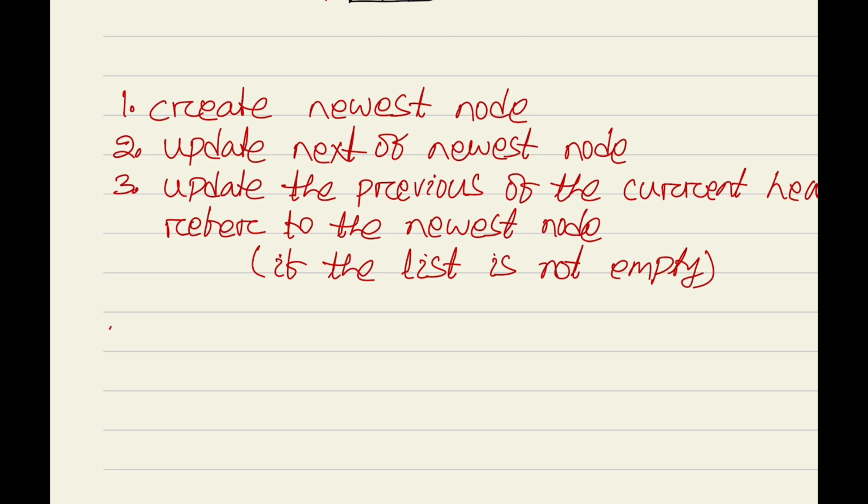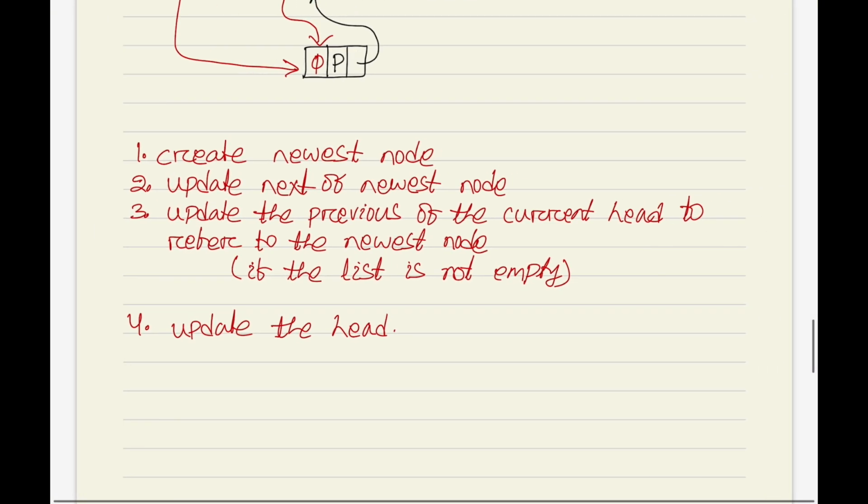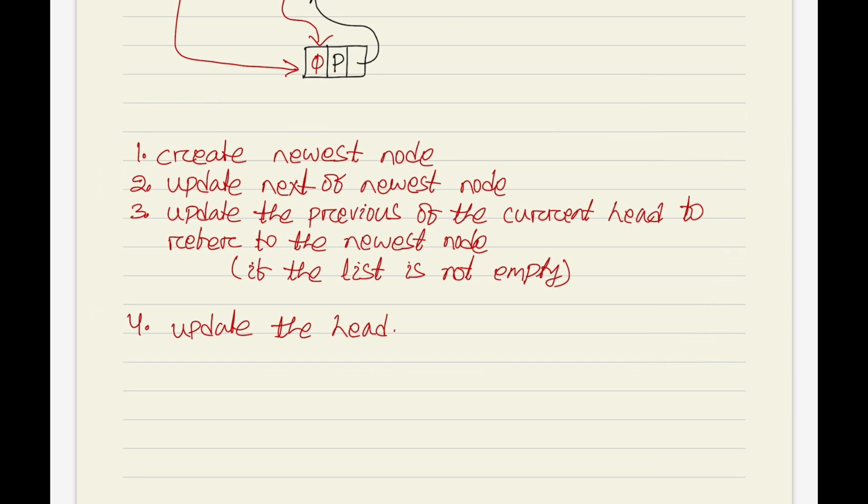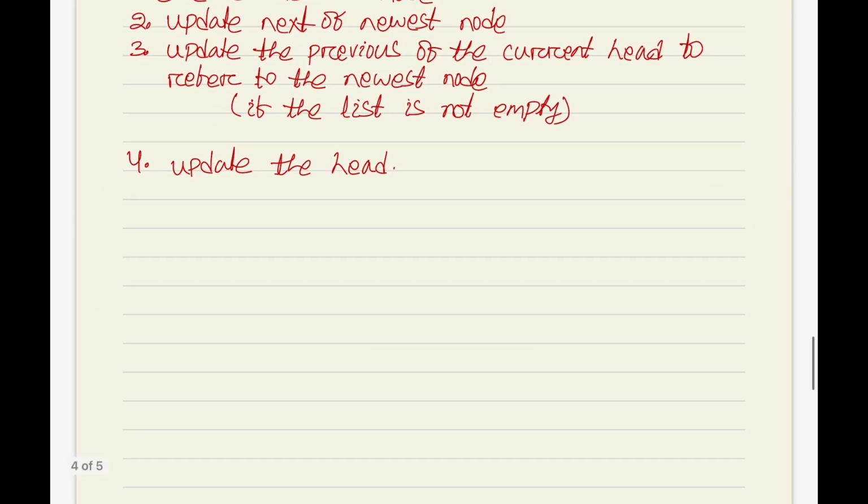In step 4 you can write update the head, like we have discussed. So these are the 4 steps we need to follow to insert a node at the beginning, or insert a node at first. So we can write the complete method for this.